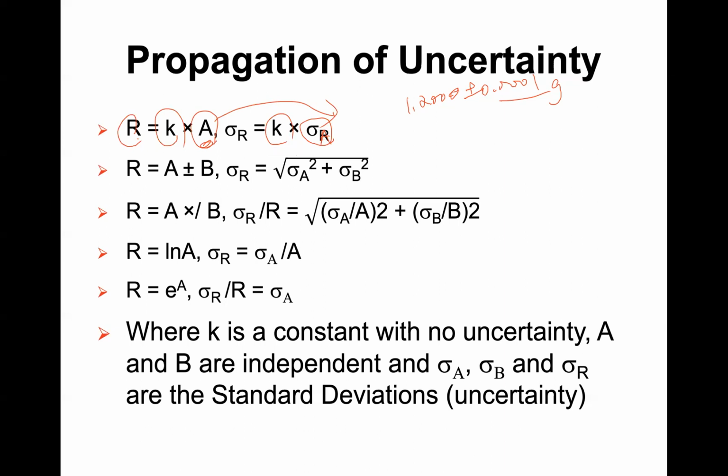Now, if you do simple addition or subtraction, this is the standard deviation of A and this is the standard deviation of B, so it is not done this way. You take the square, then take the square root of both added together. But if you do multiplication or division, this one will be divided by these R values. And here we have this too, right? And if you take a logarithm, then we have this relationship, right?